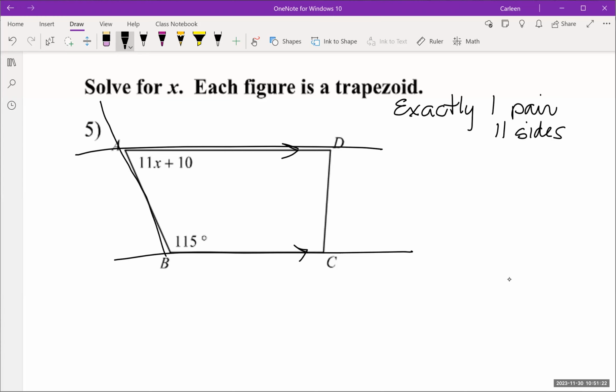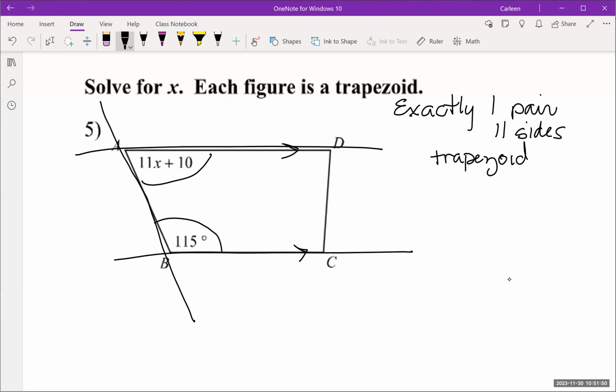And this is a transversal. So if this is a trapezoid, I have two lines cut by a transversal. Because it's not a parallelogram, these are not parallel.